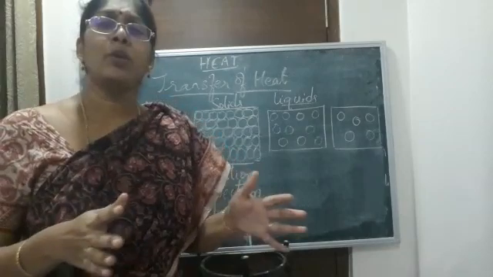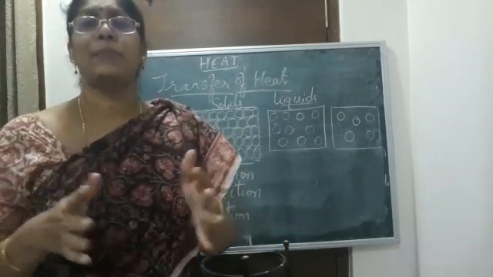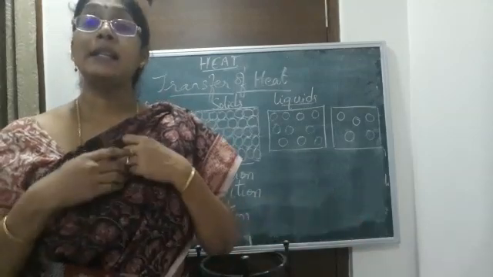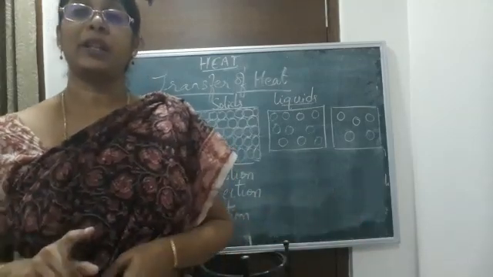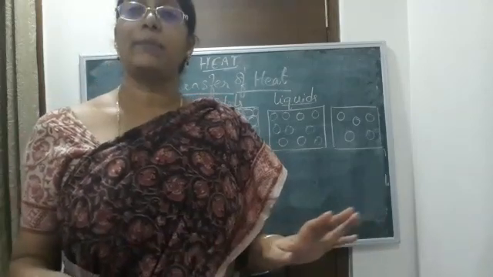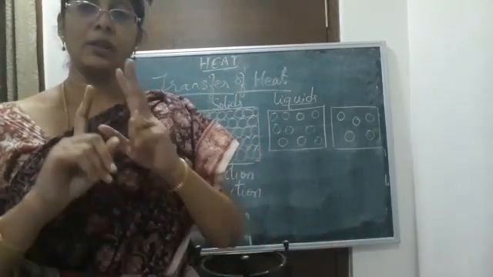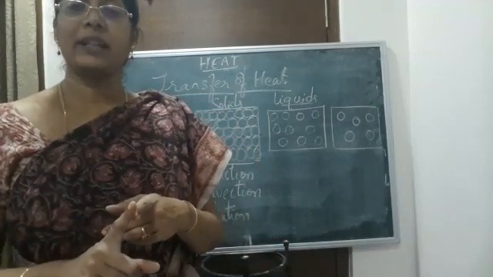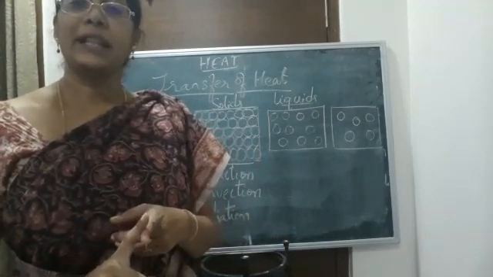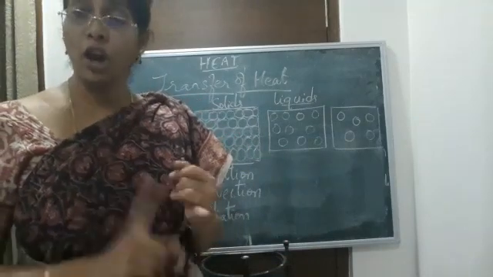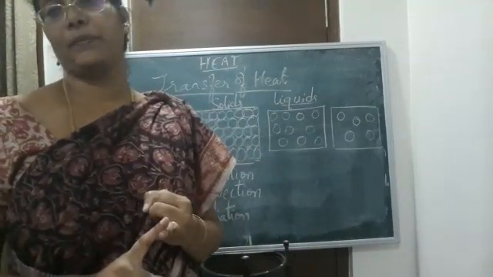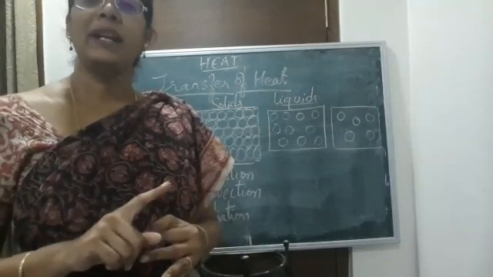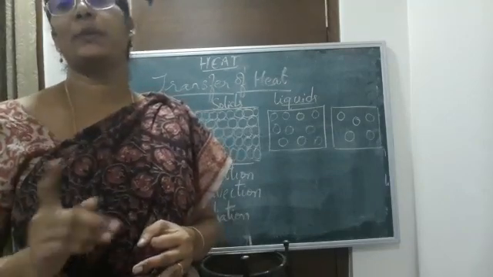Suppose I have both the objects with the same temperature, can transfer of heat take place? No. Unless there is a difference between the two temperatures, heat transfer cannot take place. Okay. So two conditions for heat transfer. The first condition is that transfer of heat takes place only from hot object to cold object. And if heat transfer has to take place, there should be a difference in temperature between the two.